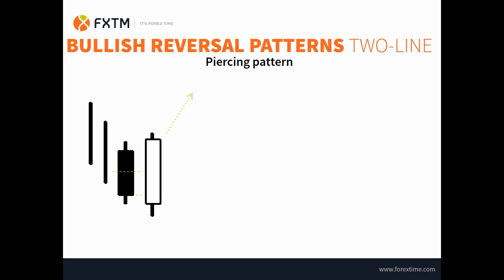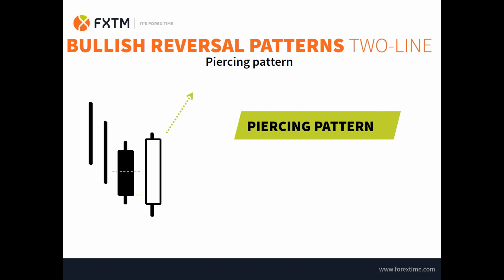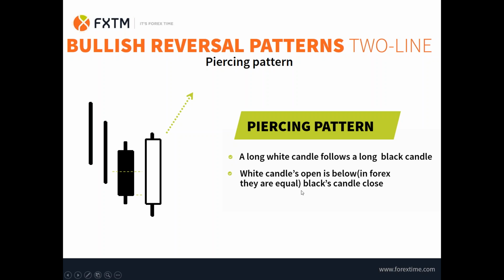And piercing pattern. This is another two-line bullish reversal pattern. Now, the specs for this one, it's a long white candle, like you see here, that follows a long black candle. So the color matters in this case. Now, let's go a little bit further, and the white candle's open, so this guy here, is below the black candle's close here.